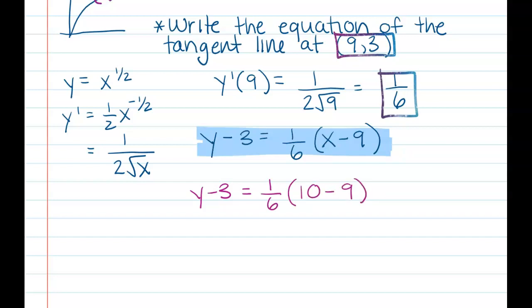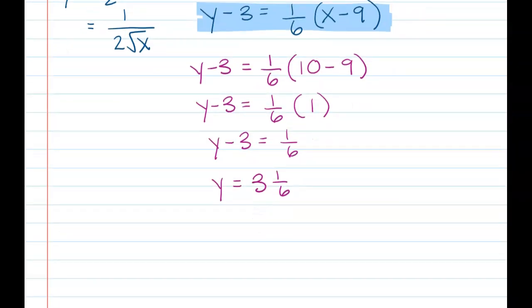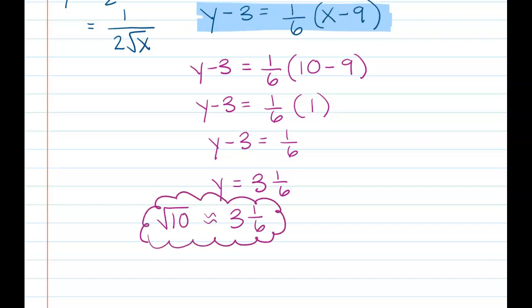So we replace x with 10: y minus 3 equals 1/6 times 1. So y minus 3 is 1/6. We add 3, y is 3 1/6. So essentially what this tells us is that the square root of 10 is approximately 3 1/6. That would be our answer.